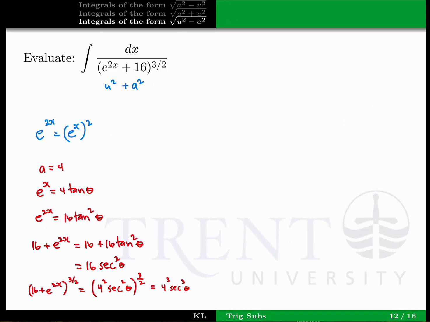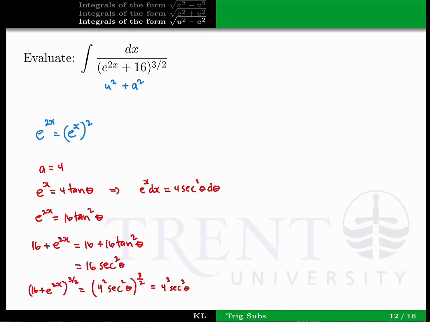For the dx, we have it in here. We get the derivative of both sides. We will have e to the x dx equal to 4 secant squared theta d theta. We have e to the x in here, but e to the x is equal to 4 tangent theta.